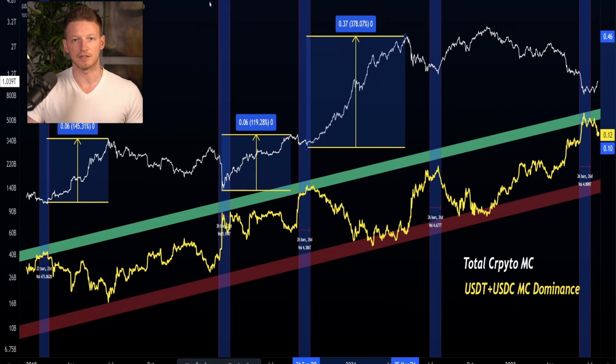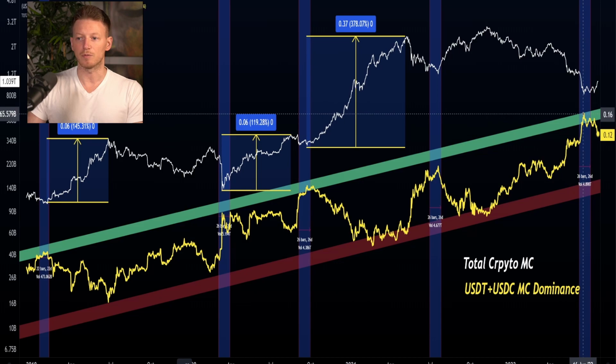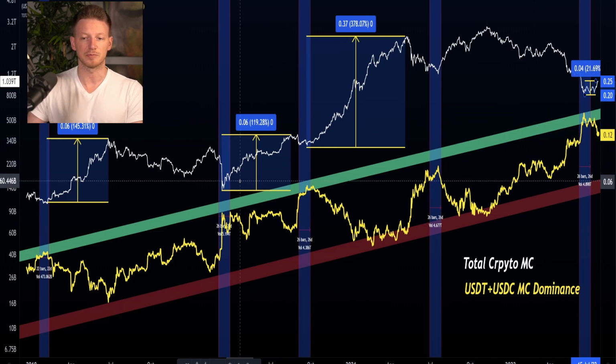The second was around 378%. And now we're sitting right here. We've hit this upper band, and so far we are up 21%. So thus far, it's playing out a very similar pattern to each prior instance when we've moved up to this band.